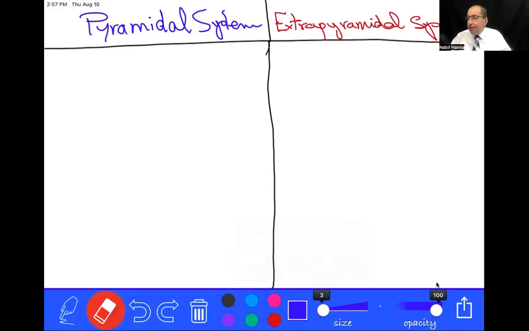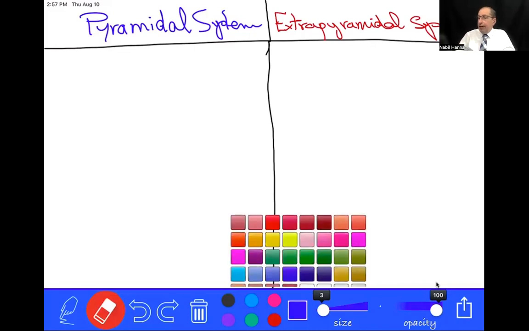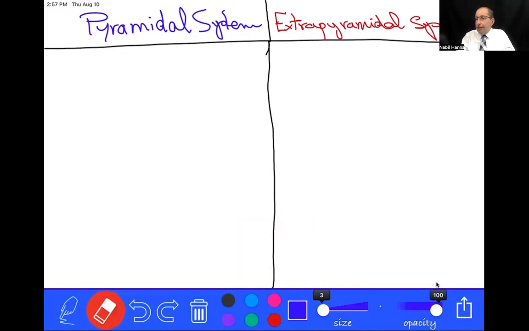So the pyramidal system originates in the primary motor area.